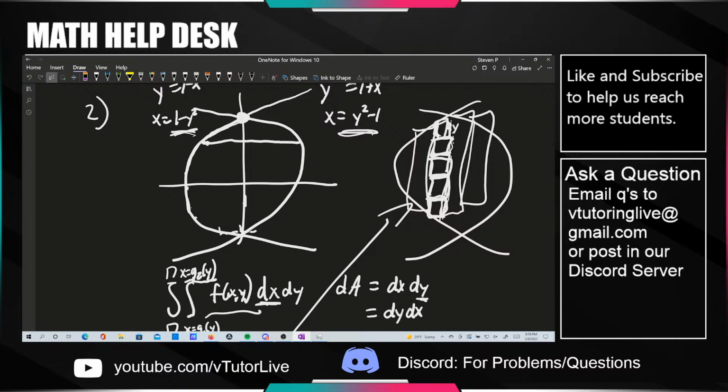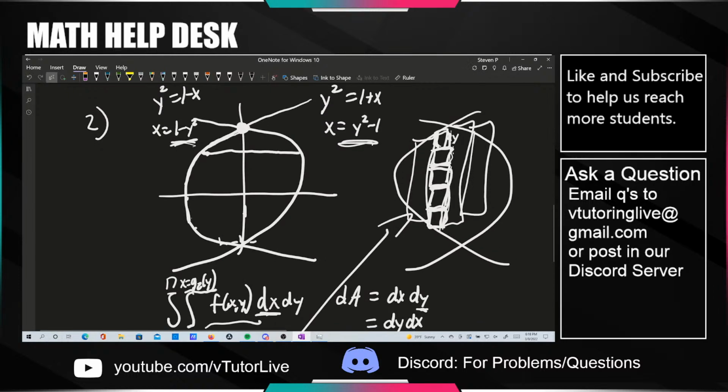And I really want you to understand what exactly is going on, right? Let's say y gets locked in for some particular height, then x just goes across, starting at the left, which is 1 minus y squared, and goes to the right, which is y squared minus 1.